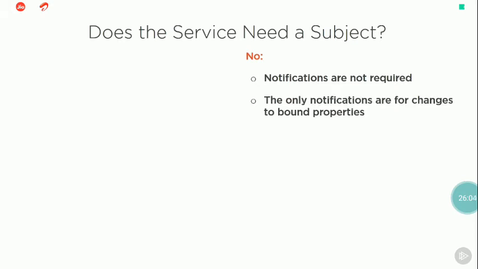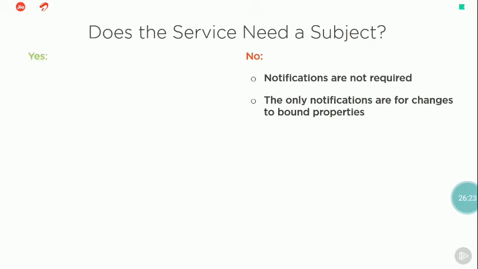And you don't need a subject if the notifications are for changes to bound properties. Prior to this module, our components used change detection and getters, and all of the features we added in this module can be accomplished with similar techniques. No need for a subject.